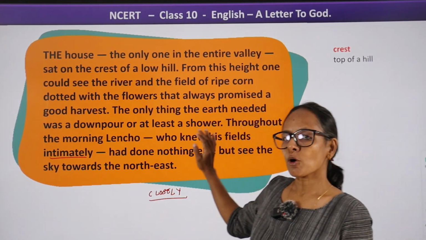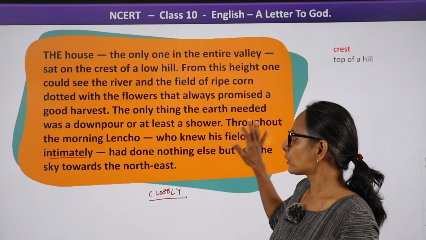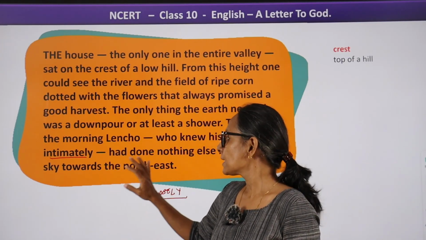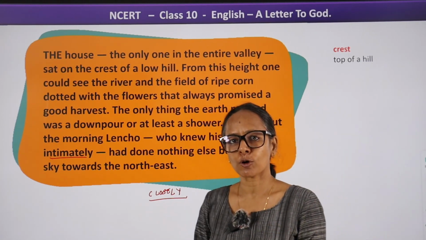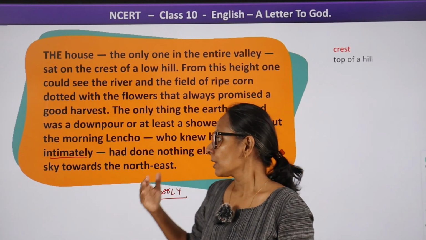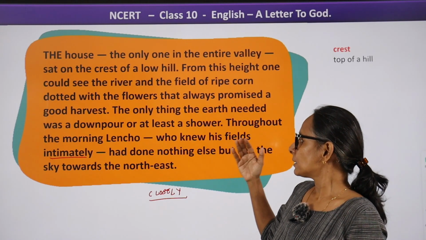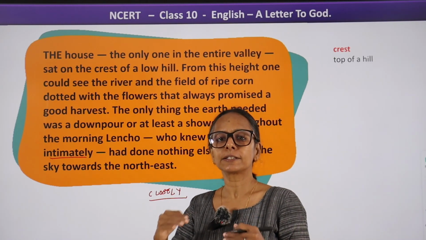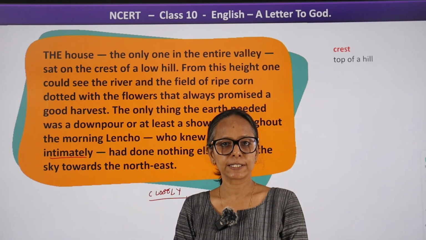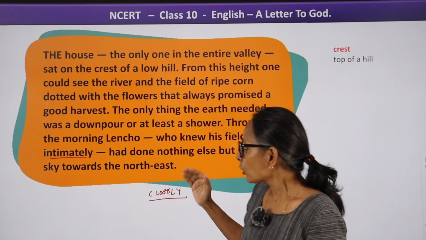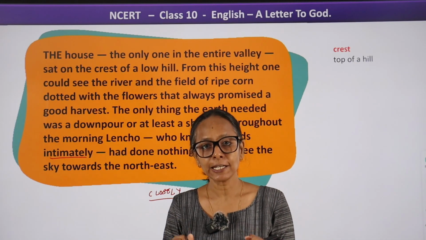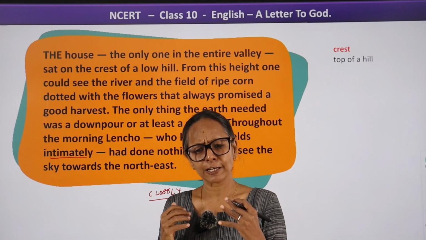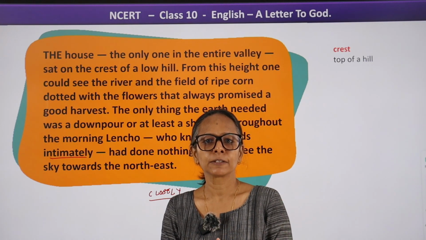So throughout the morning, Lencho, who knew his fields intimately, had done nothing else but see the sky towards the northeast. Meaning what? Throughout the morning, Lencho did nothing other than looking at the sky towards the northeast direction. Also, they are saying that he knew his fields intimately, meaning he knew his fields in a very close manner.